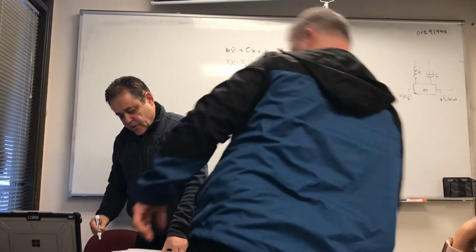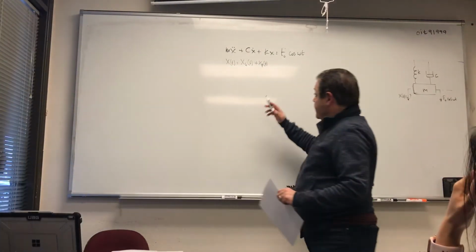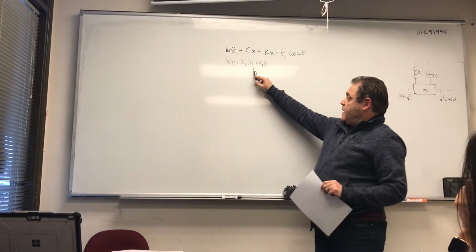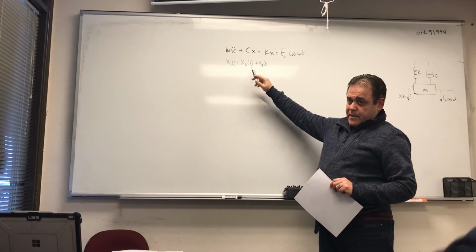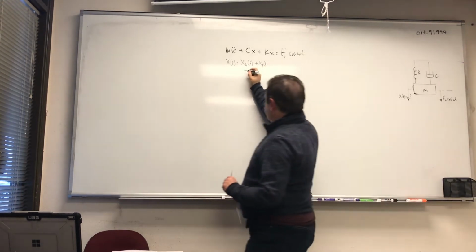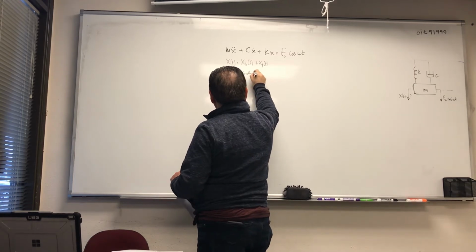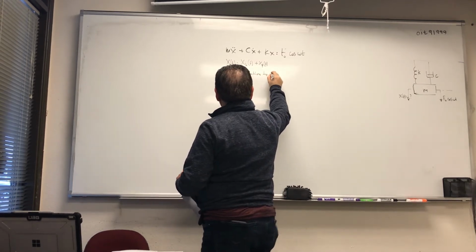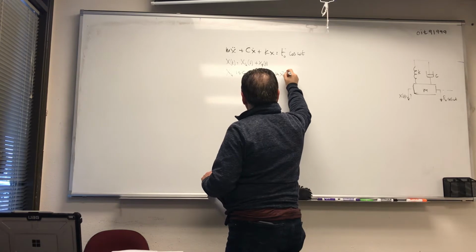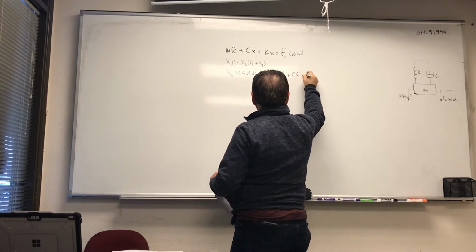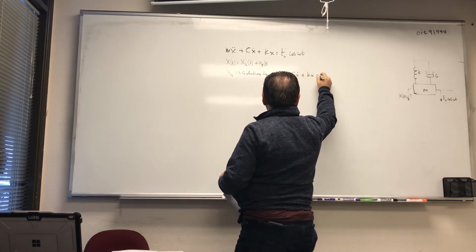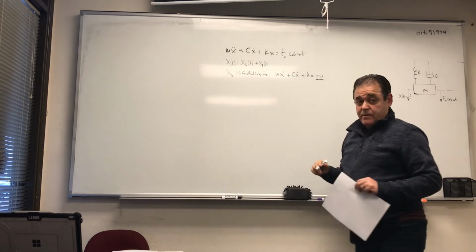Okay. So the big question then is what this is. And x homogeneous, x H, is the solution to what? m x double dot plus c x dot plus k x equal to 0, because that's the homogeneous one.